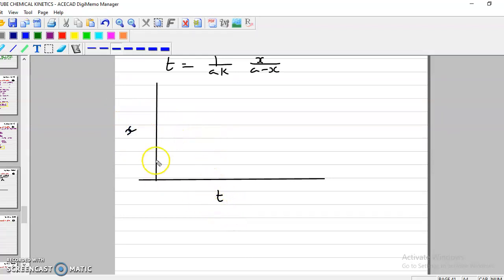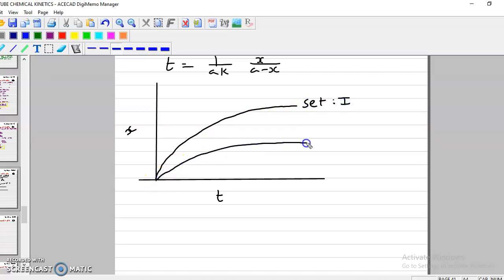Here we can prepare two different sets to carry out these reactions. So the graph will be like this, where this is for set 1 and this may be for set 2, where the concentration will be half. Now to find our relations, we can take any x, for example this one.